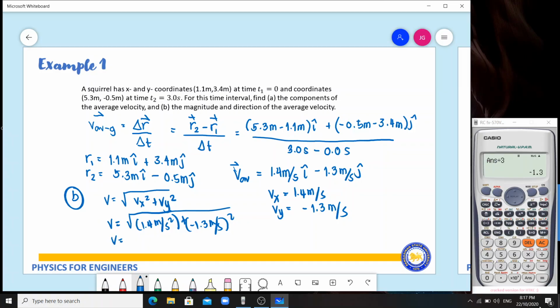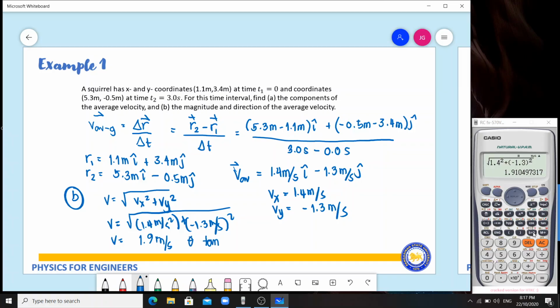So 1.4 squared plus negative 1.3 squared, which is equivalent to 1.9. Okay, if we check, dapat is 1 decimal. Okay, 1.9 meter per second.